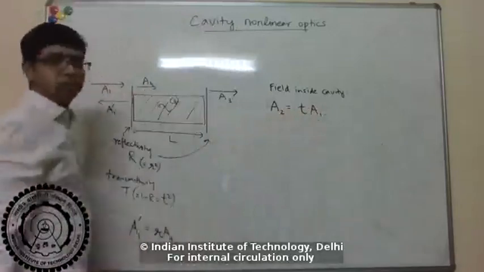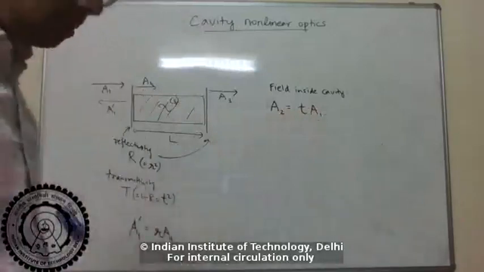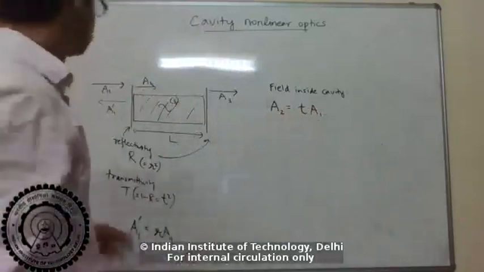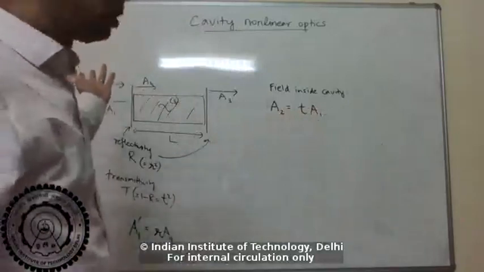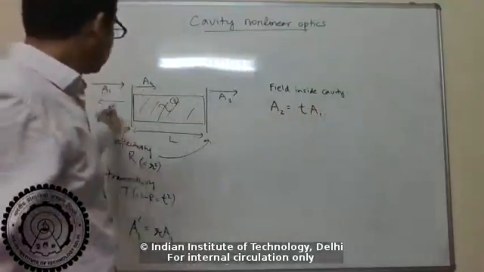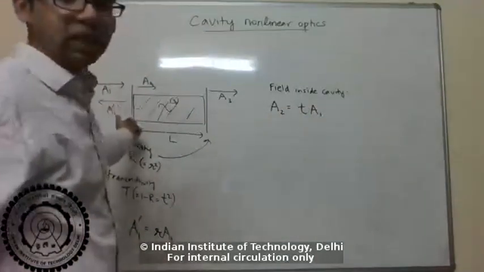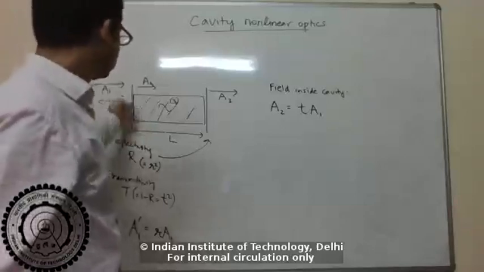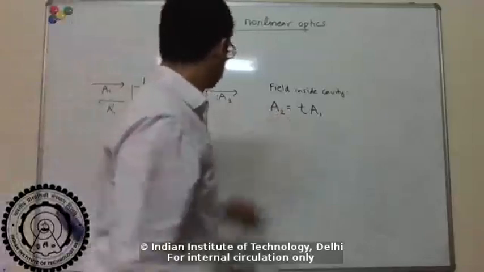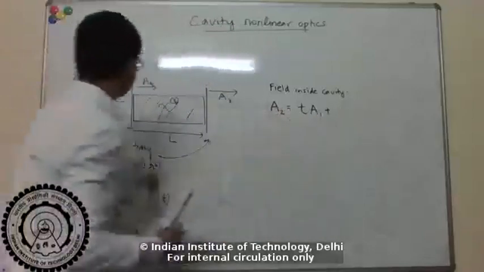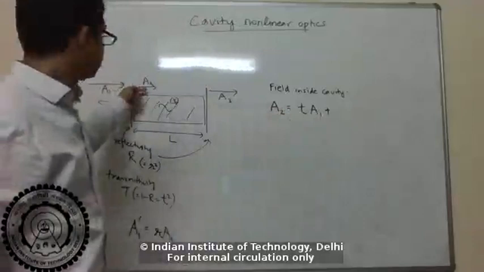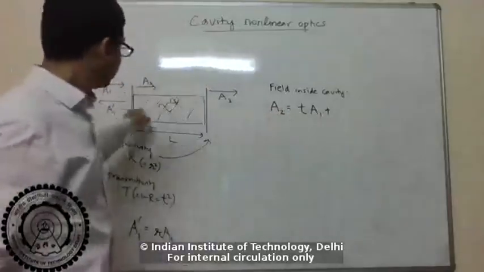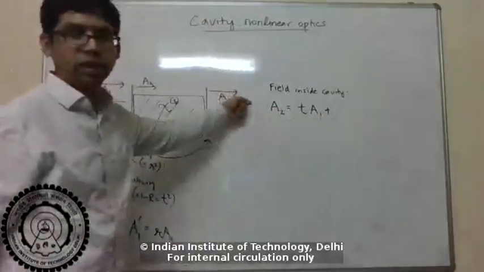So, what do you mean by steady state? Steady state means you turn on the fields and typically it takes some time for the fields to settle in, right? Because the photons which enter the cavity can either reflect back, right, or they can be transmitted outside, right?